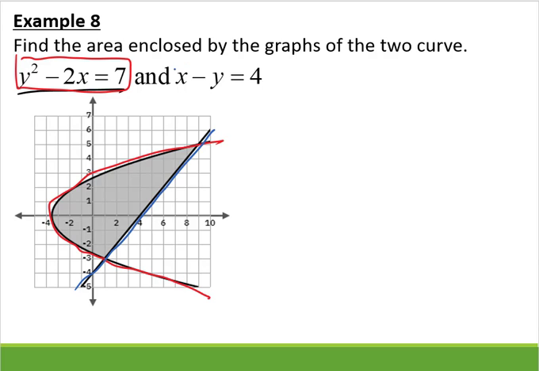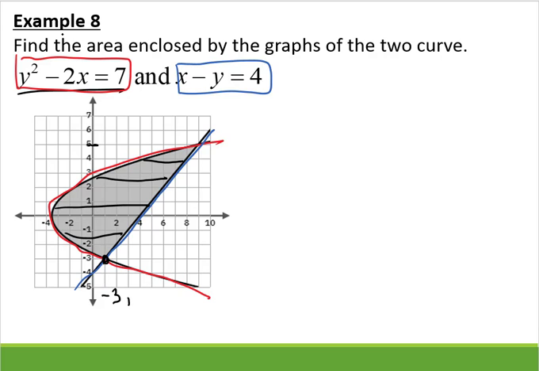The intersections are -3. So this intersection point is -3. Let's not switch our x's and our y's, Mrs. Marnell. It is 1, -3. And this intersection point here is 5.